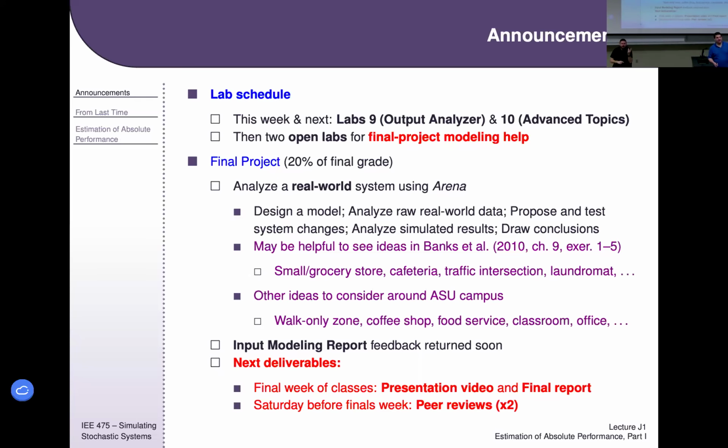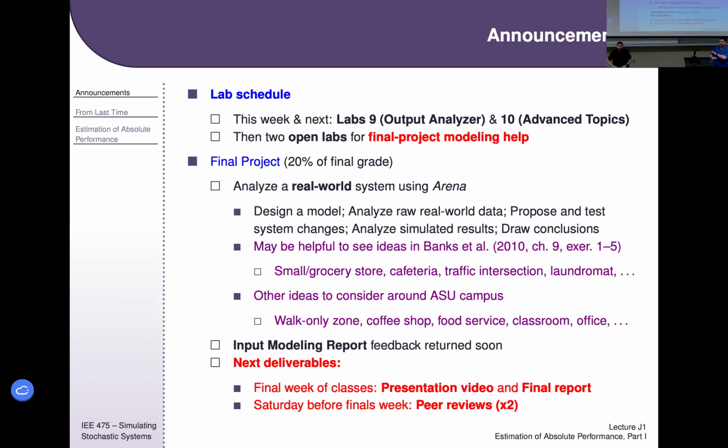Wednesday, so that then there's a couple days left of that week for you to do your peer reviews. Every individual will have to review 1 video of another group and 1 report of another group. And then those peer reviews come in, and the peer review scores plus my scores help collectively determine the grade that the groups will get.